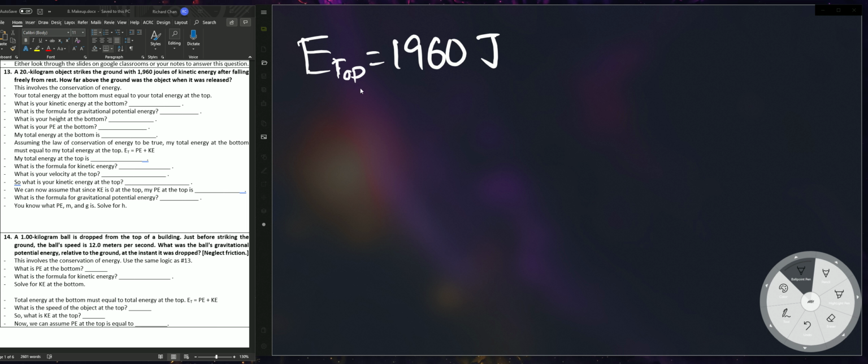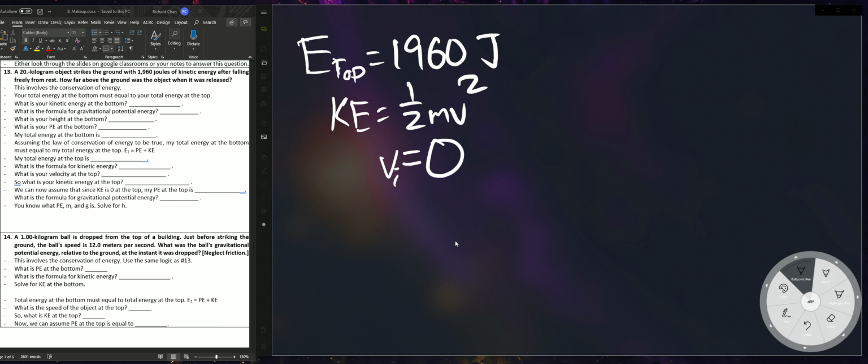What is the formula for kinetic energy? The formula for kinetic energy is 1/2 mv squared. So what is your velocity at the top? It gives you the velocity at the top because if you're starting from rest, you're starting at a velocity of 0. But if your initial velocity at the top is 0, then your kinetic energy is 0 as well.